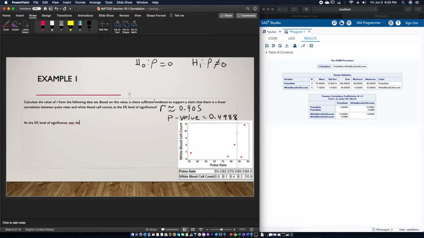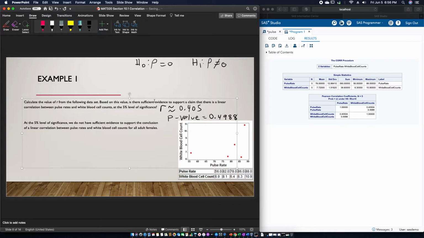We do not have sufficient evidence to support the conclusion of a linear correlation between pulse rates and white blood cell counts for all adult females.